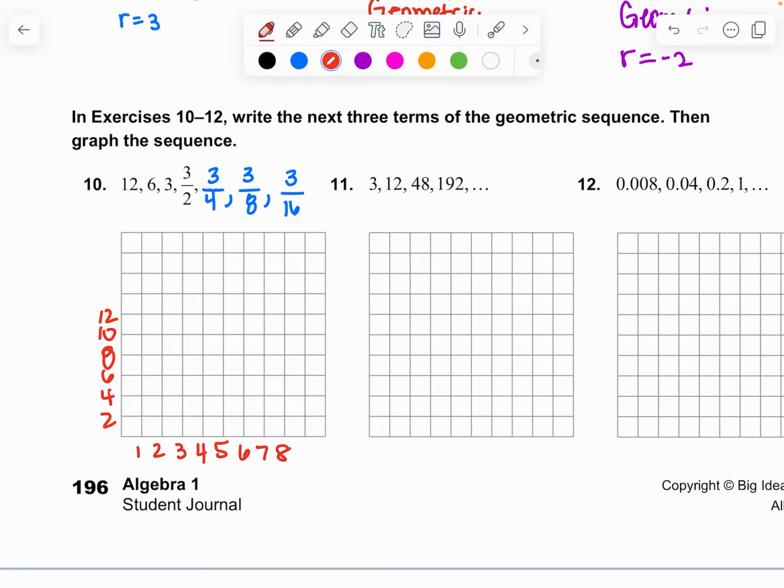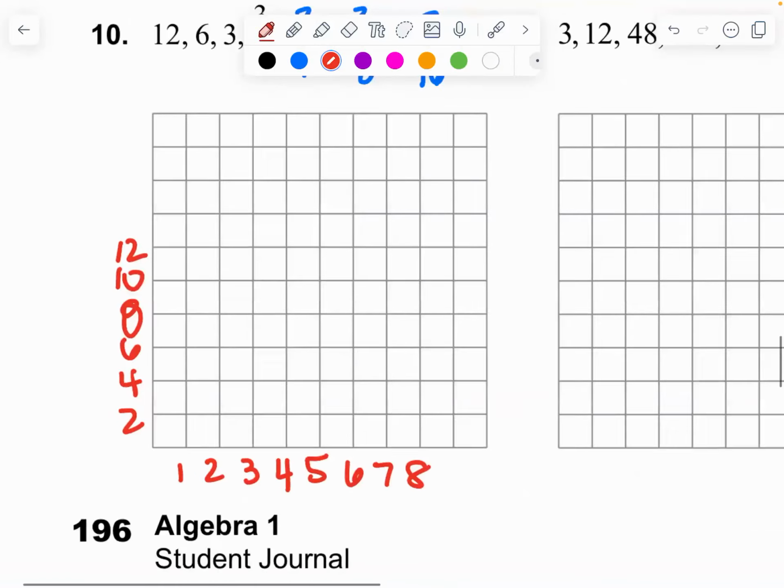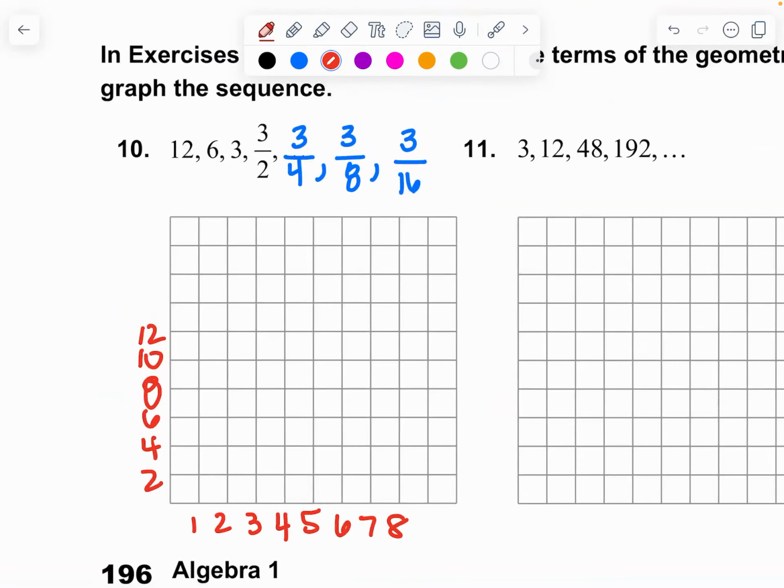Okay, so to graph a sequence, this is what you're gonna do. Do you see how our first term is 12? So we're gonna go first term is 12. Our second term is 6. Our third term is 3.